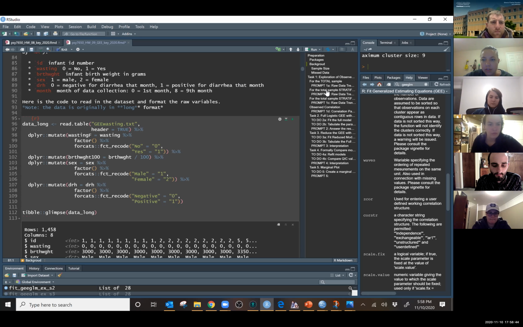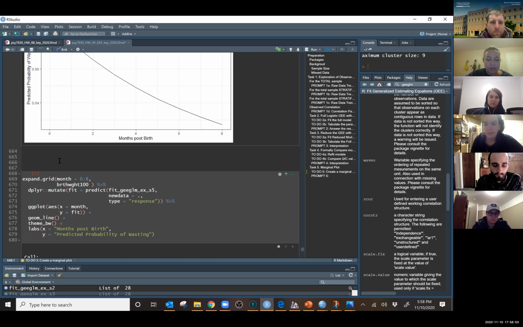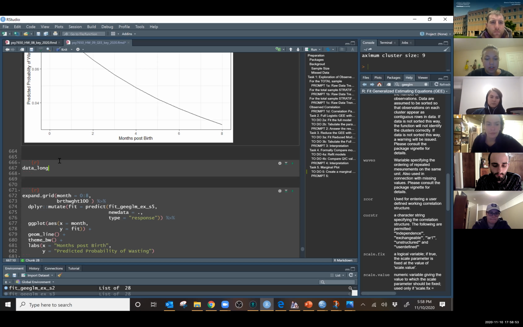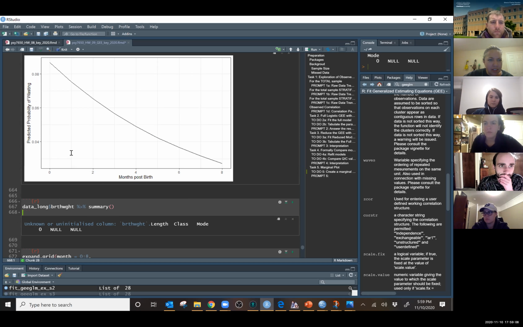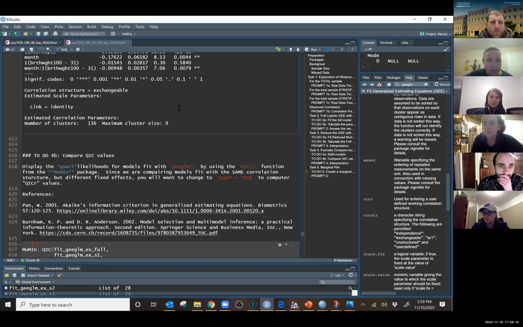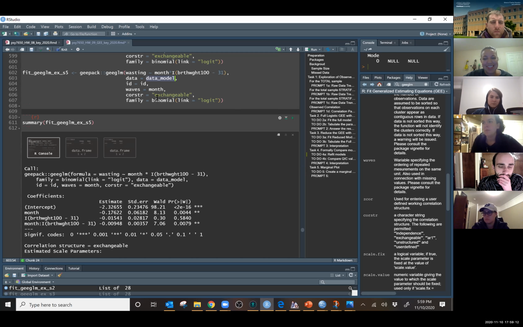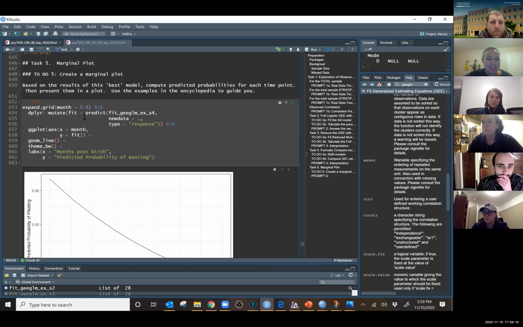Let's look at data long dollar birth weight divided by 100. What's the name of our data set? Is it data long? Data model. Helps to have the right name.